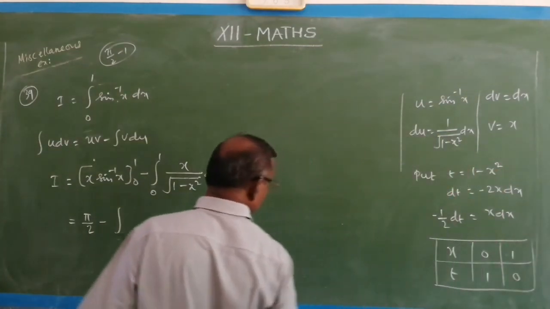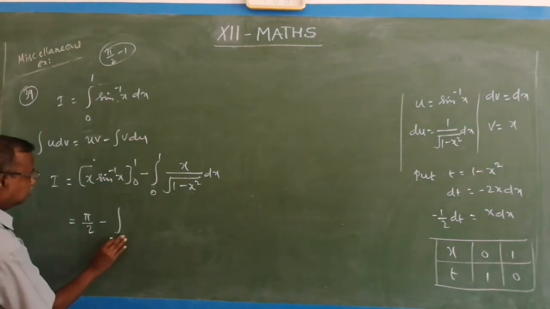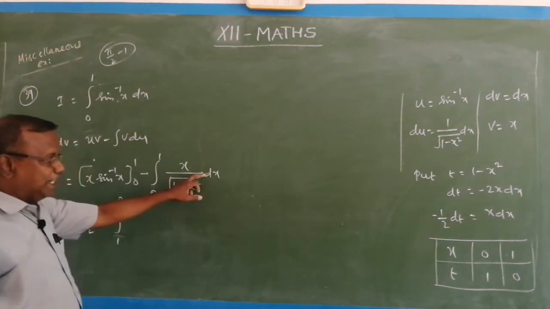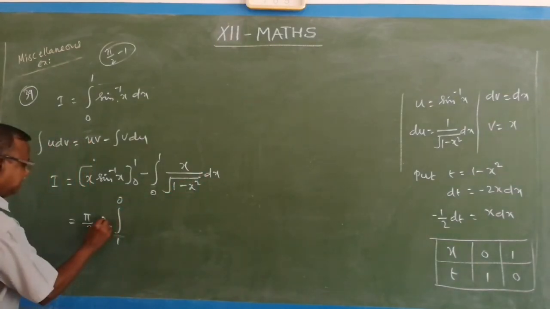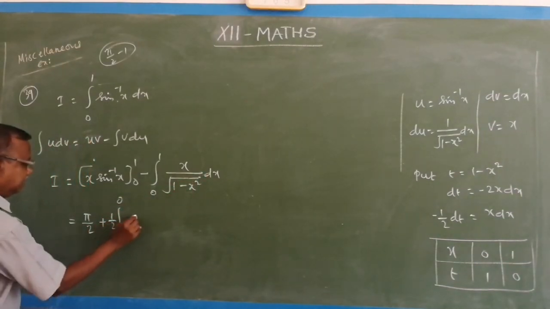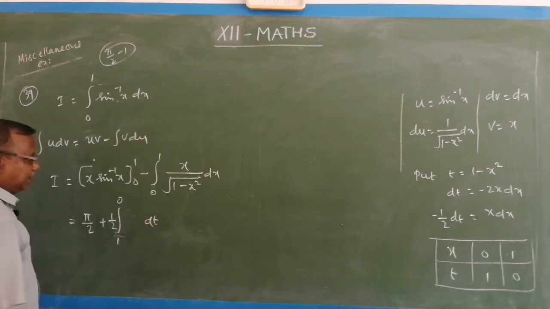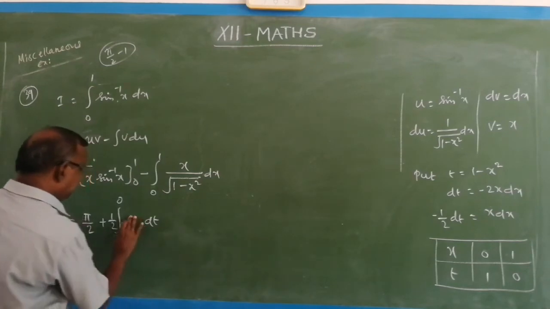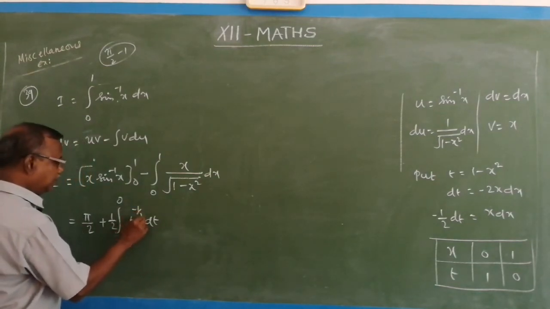So, it is 1 to 0. The numerator is minus 1 by 2 into dt, and with the minus sign outside, minus into minus gives plus 1 by 2 into dt, and the denominator is root t, that is t power minus 1 by 2.